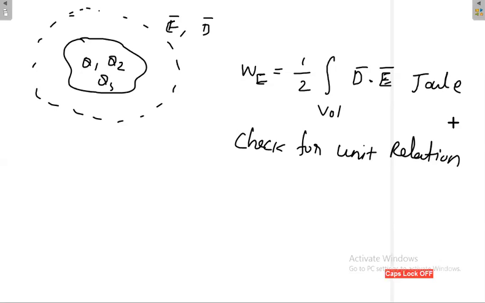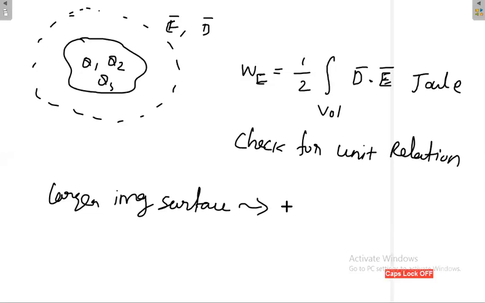Now, you may get some doubt: if I choose a larger imaginary surface, what will happen? My D bar and E bar will decrease, because in a larger imaginary surface, D bar and E bar decrease as the distance increases.